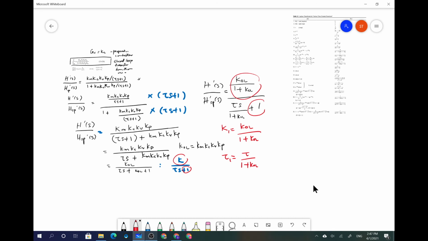Okay, now let us come back to our whiteboard so that we can see how to calculate the value of offset. Okay, so a simplification of this case, this is the first case, case 1, whereby it's a P controller and set point change.